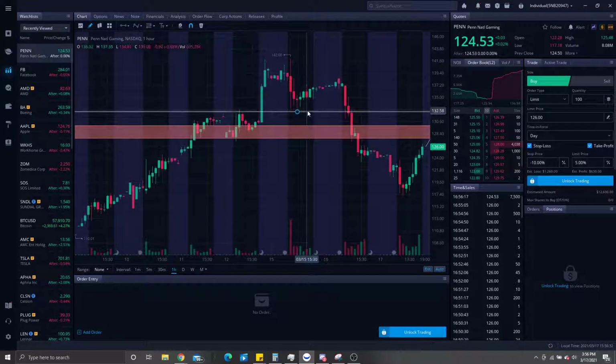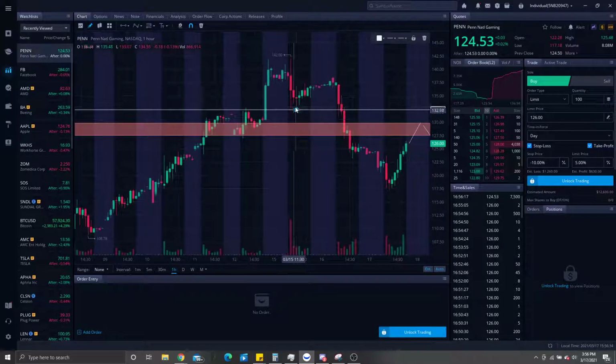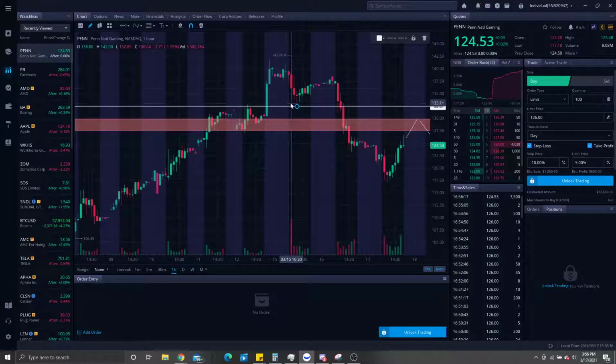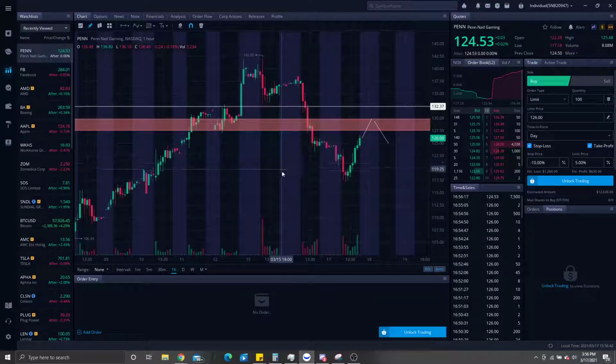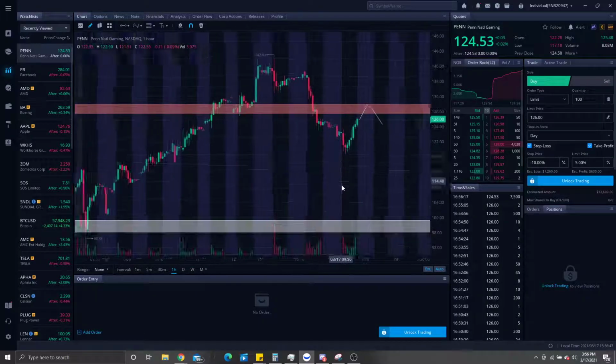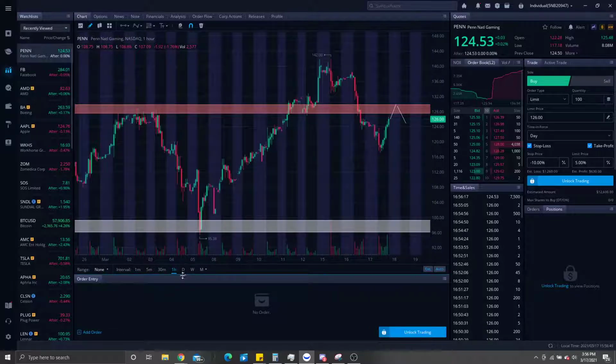So the theta probably would have eaten up the gains that you made from this spot. But you didn't lose any money. If you're trading shares, you would have made $2 per share. Not good, not terrible.